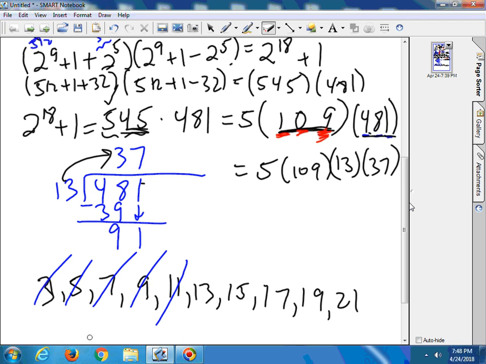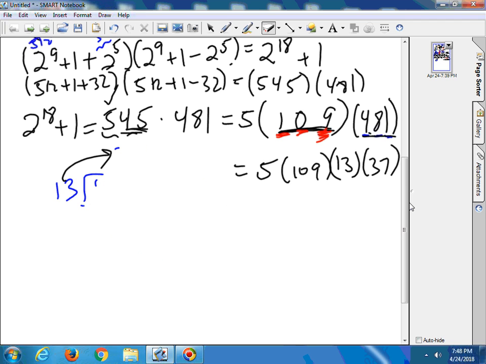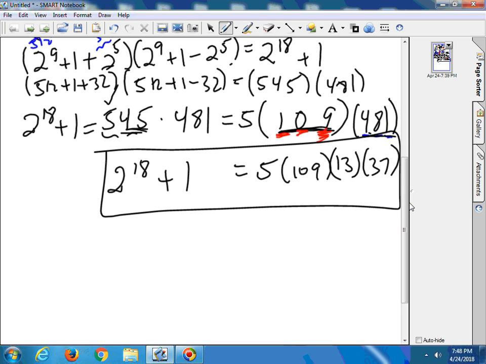So what we just established is the following: 2 to the 18 plus 1, when you factor it, these are the 4 prime factors. 37 is prime, 13 is prime, we verified 109 is prime, and clearly 5 is prime.